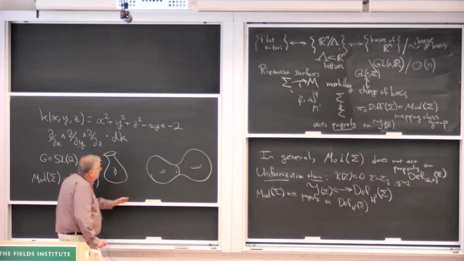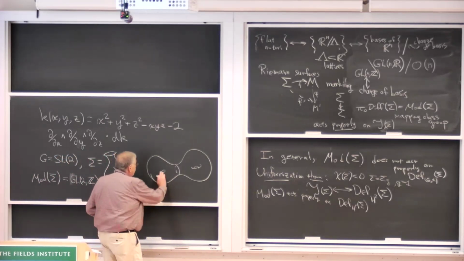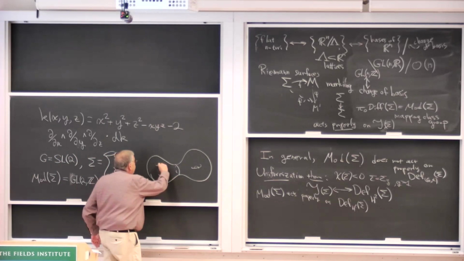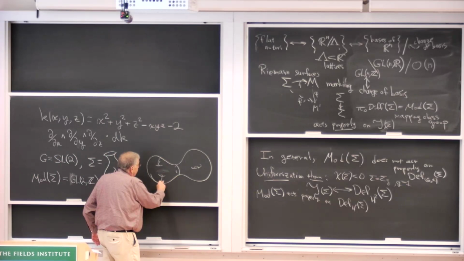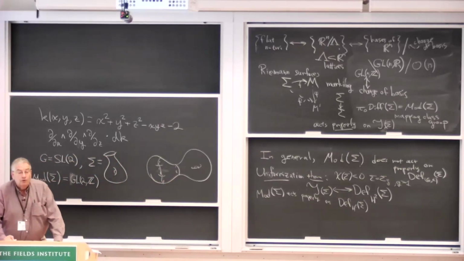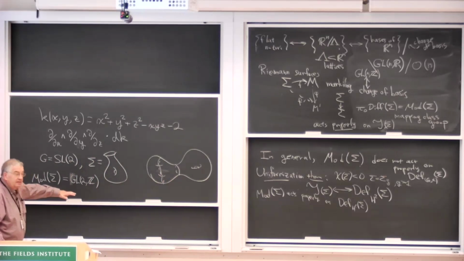But in general, say if you have a more complicated surface, you'll have one-hole tori and four-hole spheres. Is this a four-hole sphere? The four-hole sphere is also quite a fascinating object.